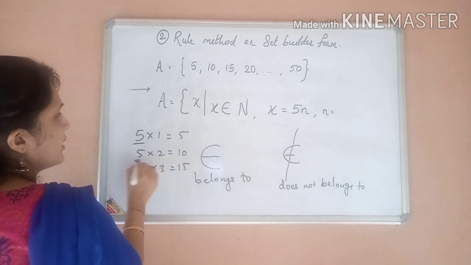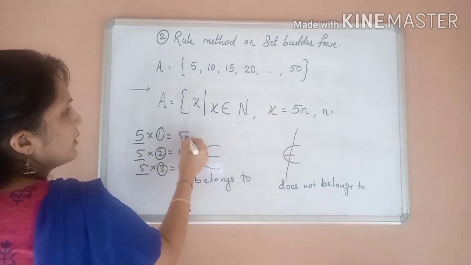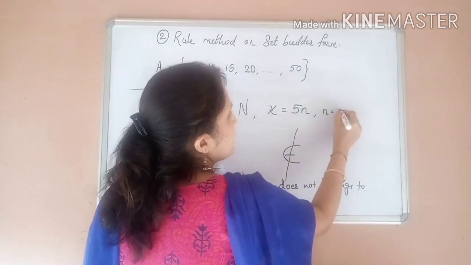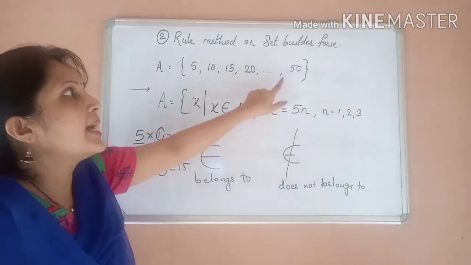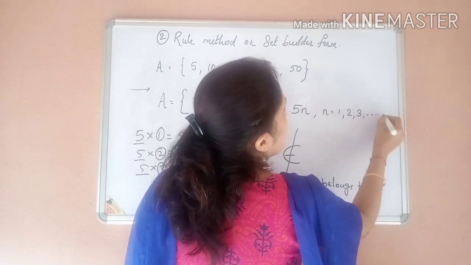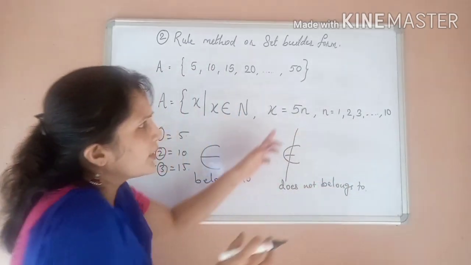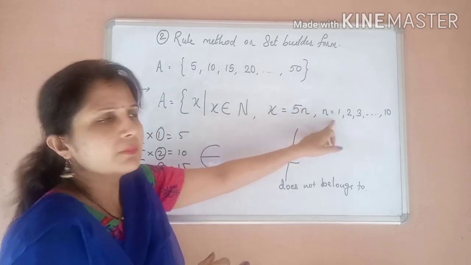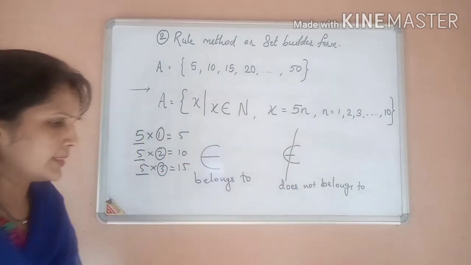If you see, the 5 remains constant, the n goes on changing. And we have got these answers. So this is the value of n. n is what? 1, 2, 3. What is the last number? 50. That means n will go till 10. So all the conditions you can check, whether everything is natural. Yes. 5 into n, we get the formula. We get the value of n. So here it ends.